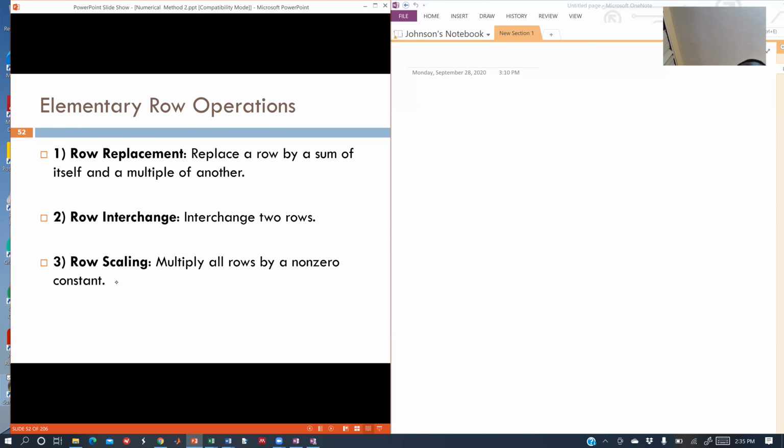I'm going to use only row replacement and, where necessary, row interchange. And once again, get the definition of the row replacement. It is to replace the row by a sum of itself and a multiple of another. And the multiplier here, I'm talking about the Gaussian factors, which I will introduce to you very soon, for those of you who are not familiar with that.